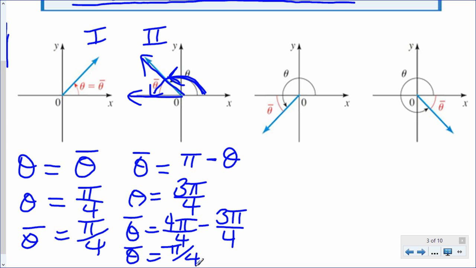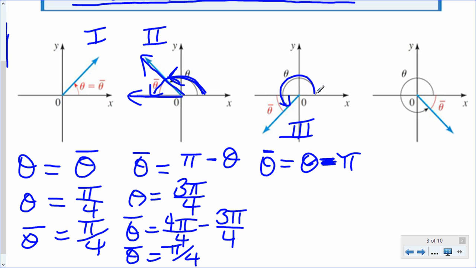Now, if you look at the third example, this time our terminal side is in quadrant 3. And so if we want to find our reference angle, we're just going to kind of reverse what we did in the last example, because if this is theta, then if we subtract 180 from theta, so theta minus 180, or in this case 1 pi, then we'll get our reference angle.